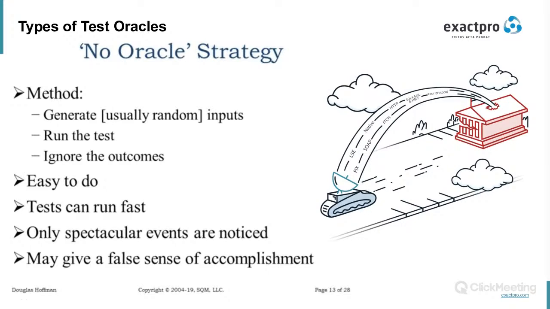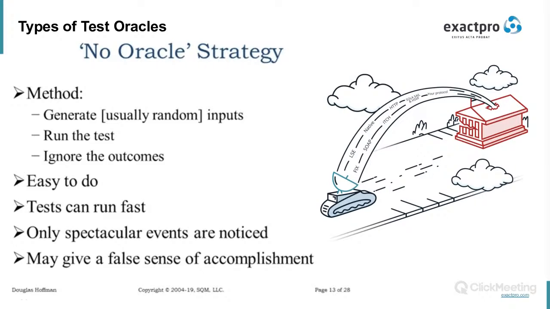So this is from Kaufman's classification. Well, if only spectacular events are noticed, it means that there is an oracle. So our oracle can say that the system should not crash or the system should not run out of memory. So there is some oracle. No oracle would mean that we are pressing a button and leave the system without thinking about it anymore.